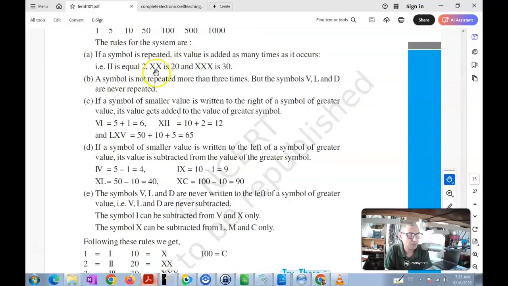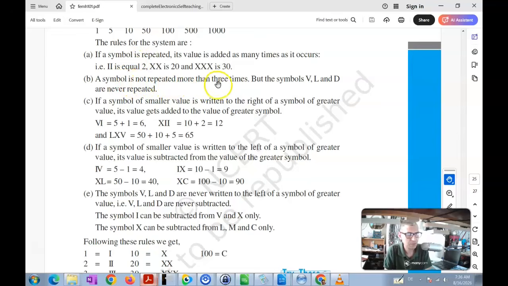When you repeat essentially a 10 twice, the value is repeated twice, meaning that's a 10 plus a 10, which is a 20. If you repeat a 10 thrice, that means that basically the value of 10 is repeated thrice, meaning 10 plus 10 plus 10 is a 30 basically.